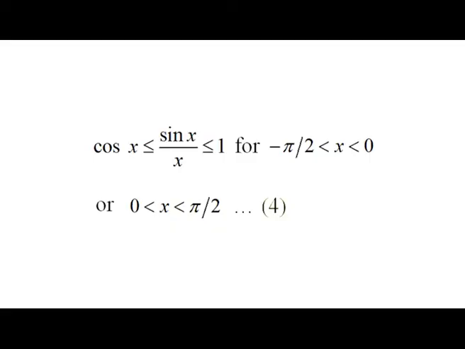That is, we have now cos x ≤ sin x/x ≤ 1 for -π/2 < x < 0 or 0 < x < π/2, equation 4.